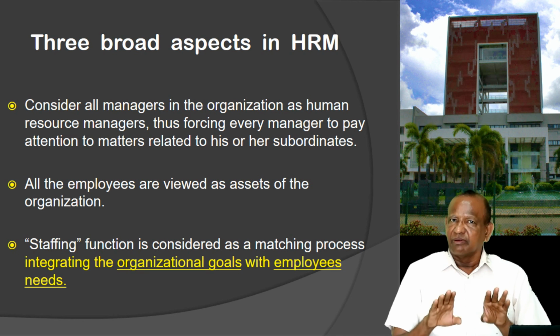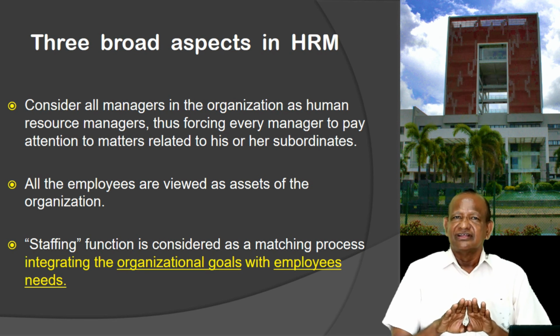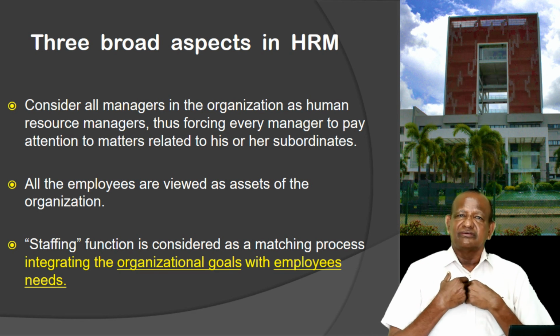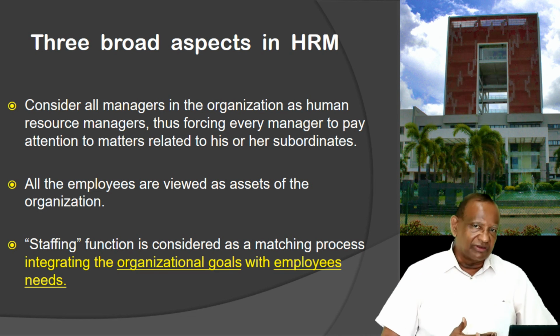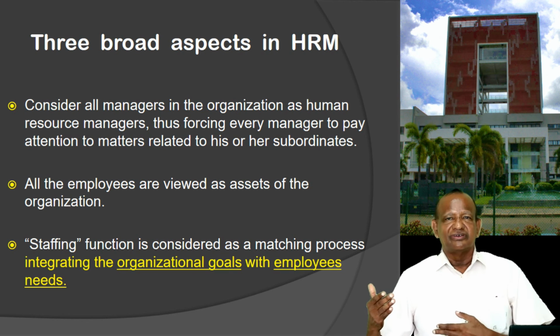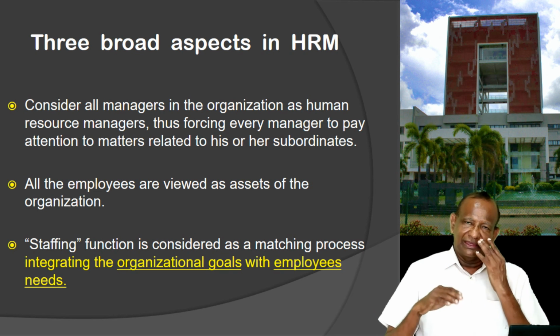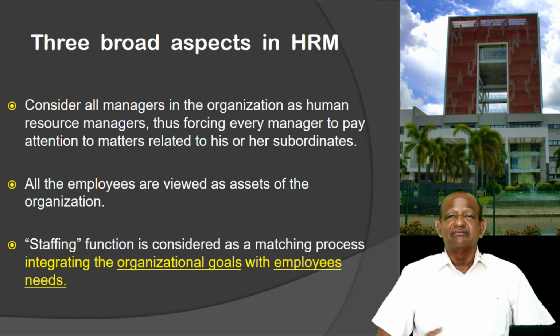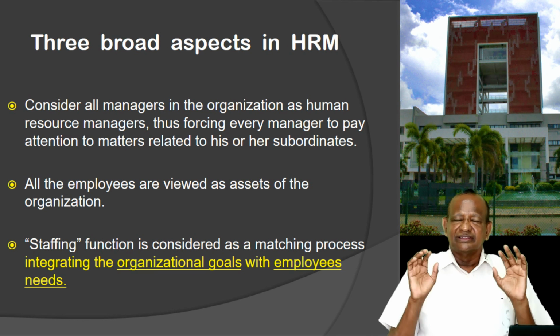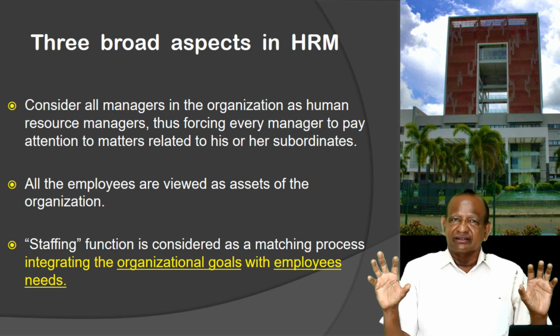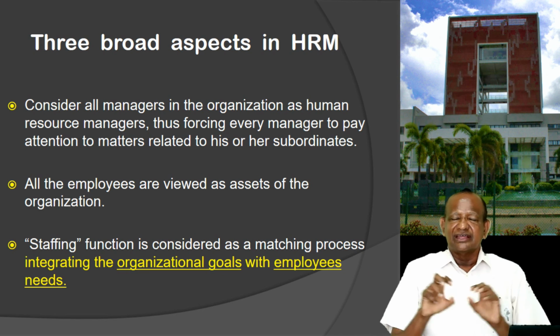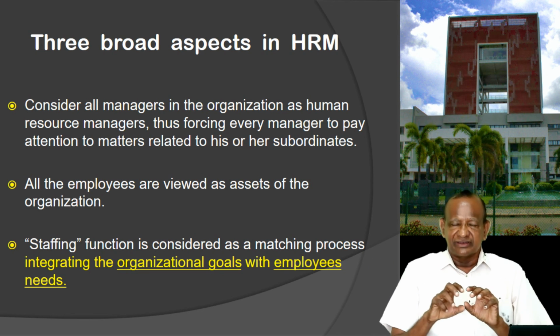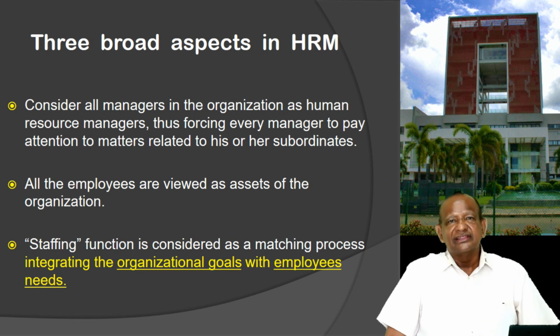Unless you match needs properly, it will not work. You have to get the people to suit your work. The people should also match by giving their service to get the money back to them. So two different needs of two different groups and their matching is called staffing. So that is the third aspect.